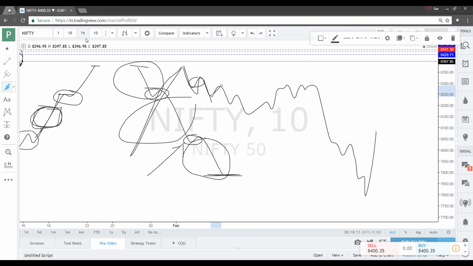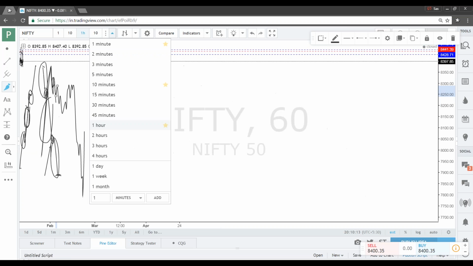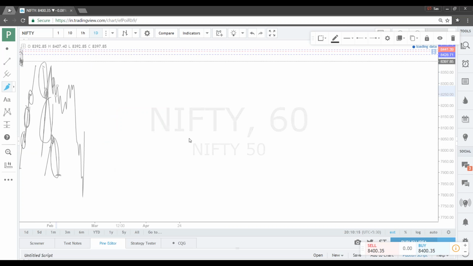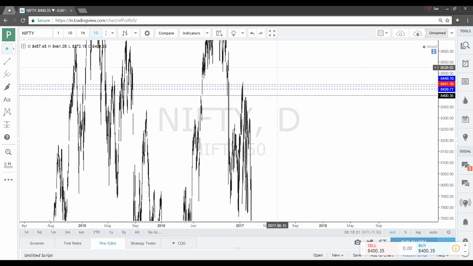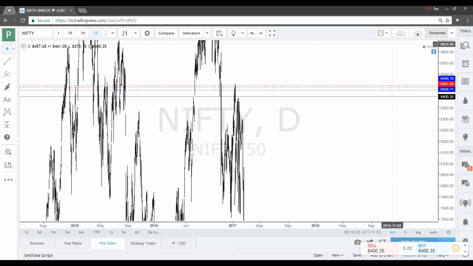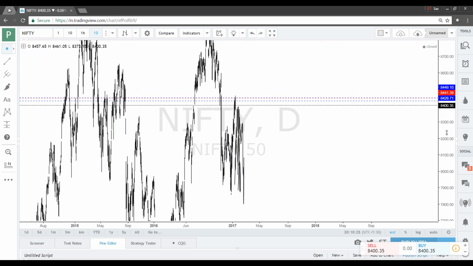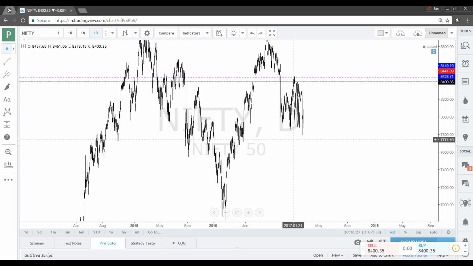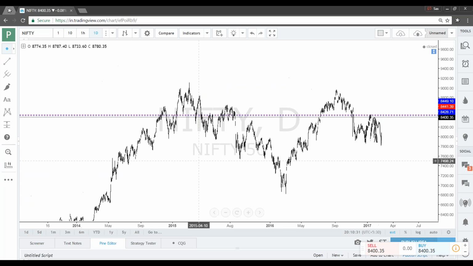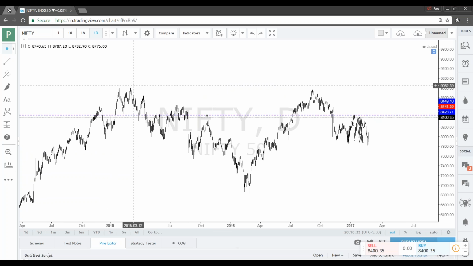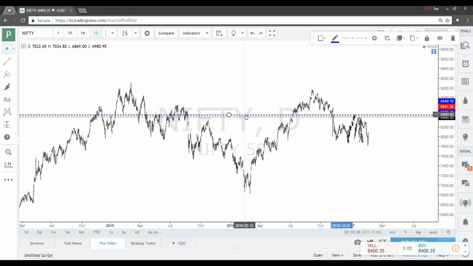I will show you in the real chart, possibly in the 1 minute chart. Where is my 2015? Okay, the 2015 correction. Let me remove all these things.